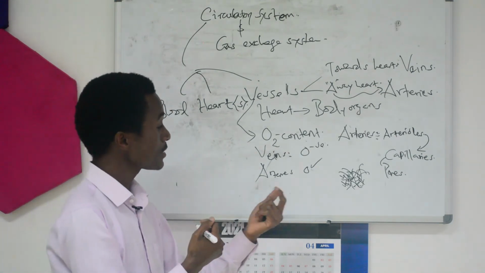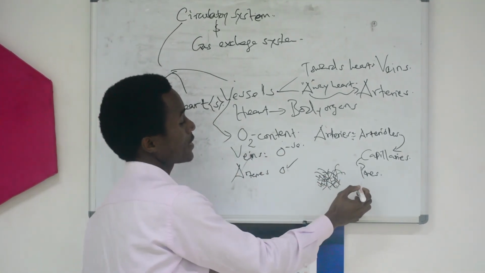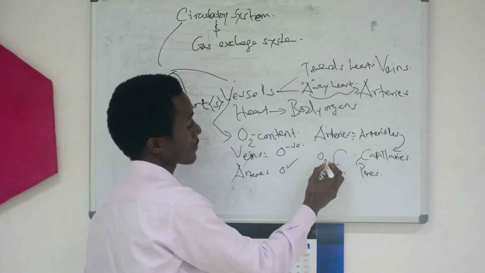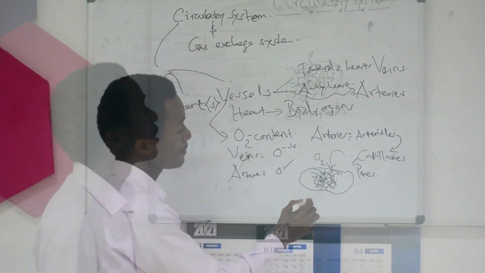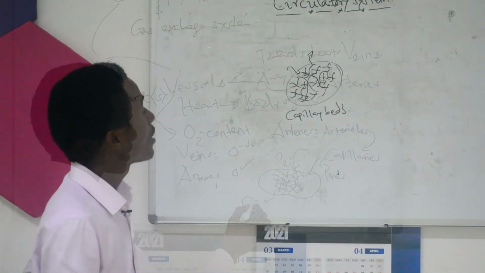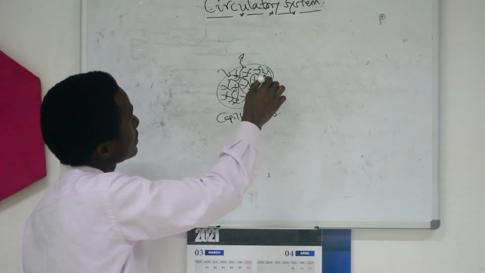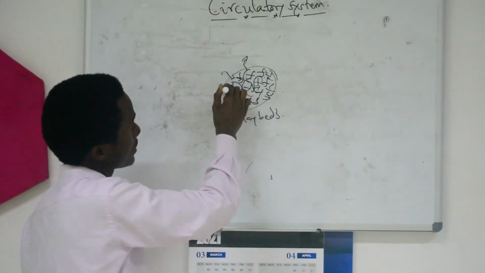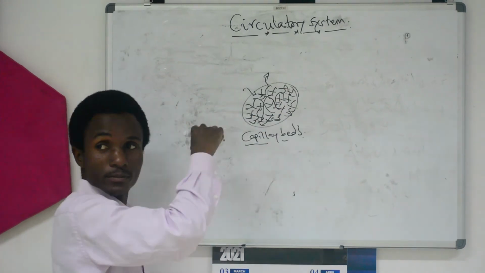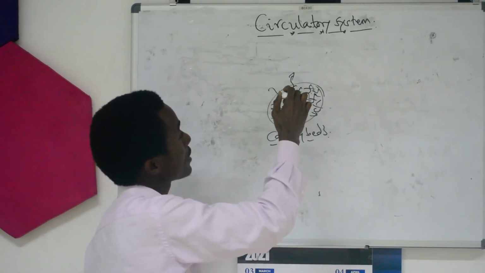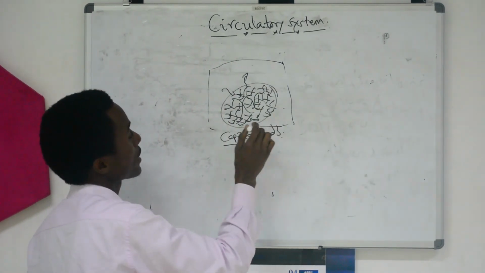If it's oxygenated blood that has been carried all the way from the lungs, it gets unloaded here. And this is a site of high metabolic activity. We expect carbon dioxide. This dense network of capillaries is called capillary beds. This makes it easier for materials to be exchanged with the surrounding organs.